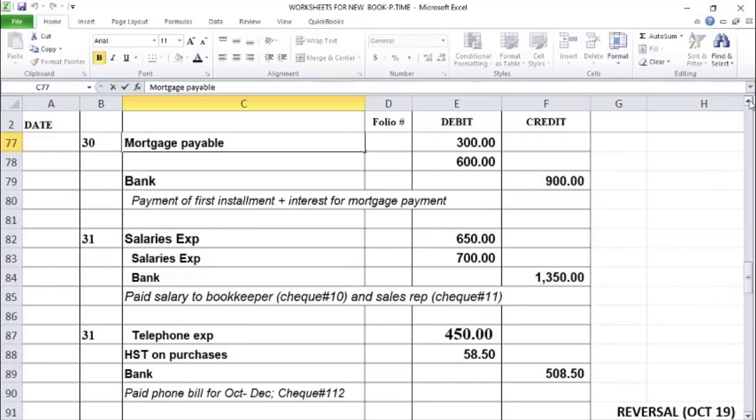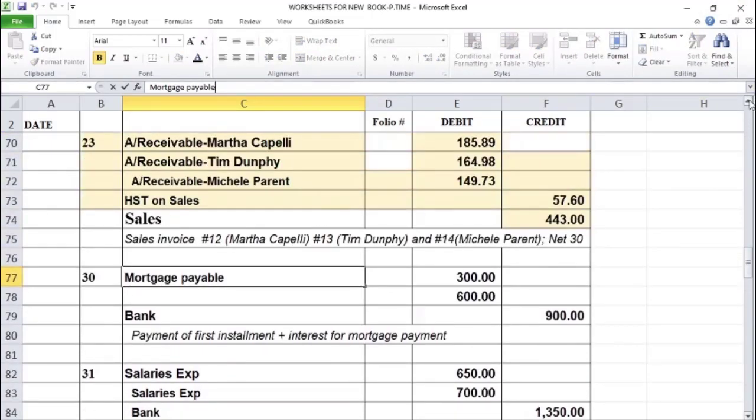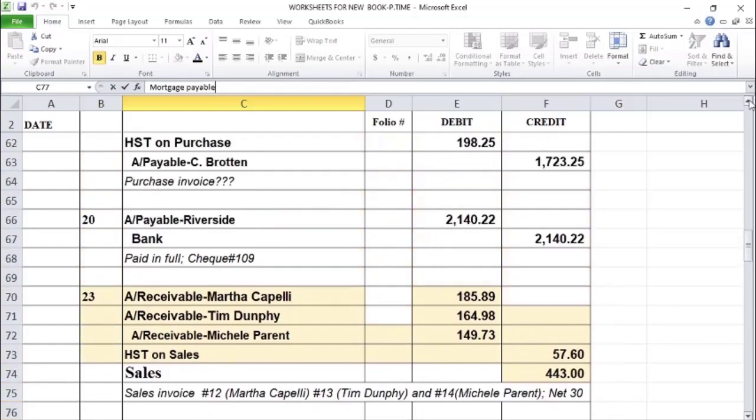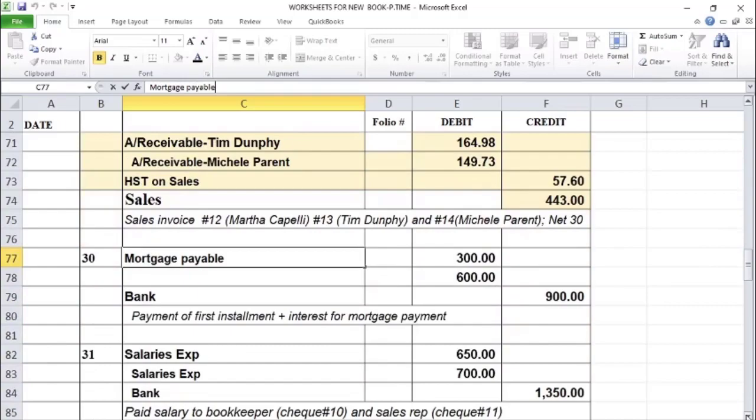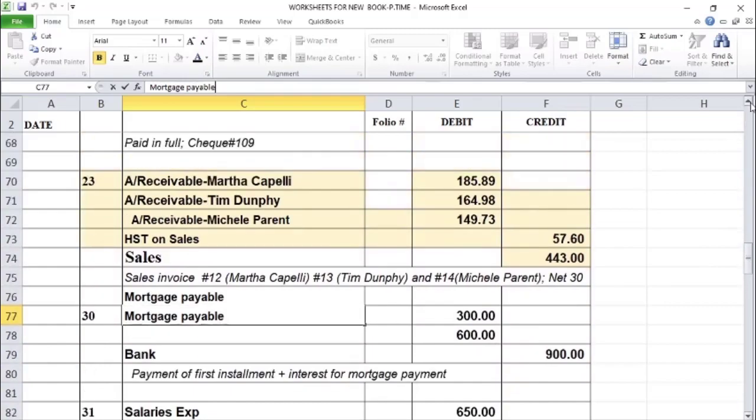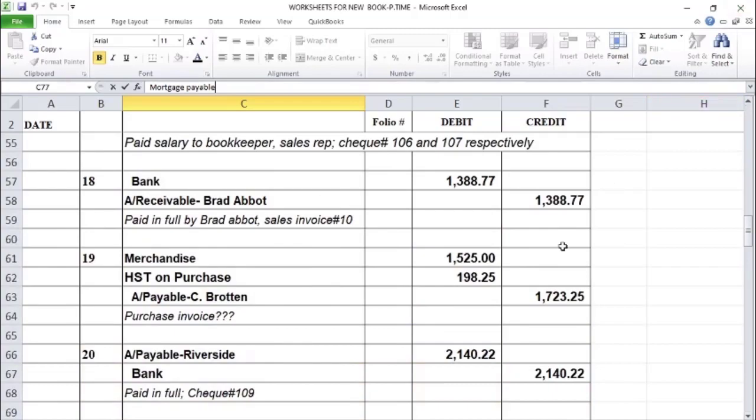Unearned revenue is when we are receiving money from customers as a prepayment. Before we finish the services, we request 25% or 50% advance, that kind of money. You understand that one, right?